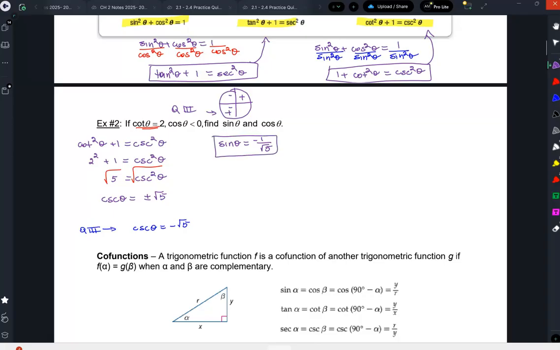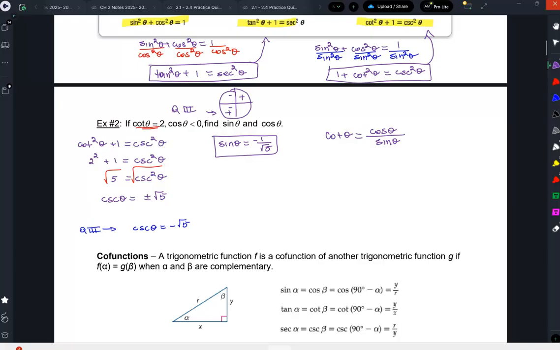Another thing that I need is cosine. I have cotangent, I have sine, I need cosine. I know that cotangent of theta is cosine of theta over sine of theta.